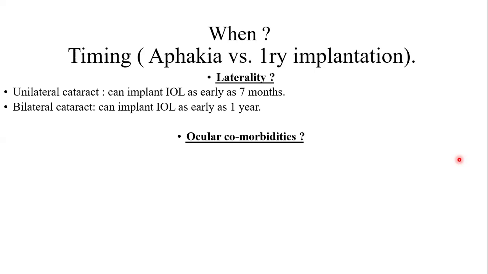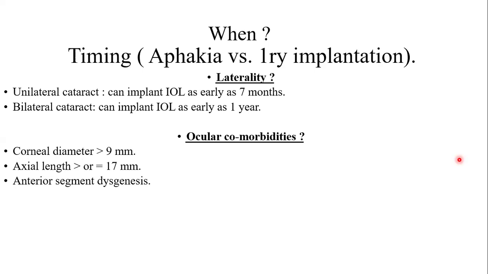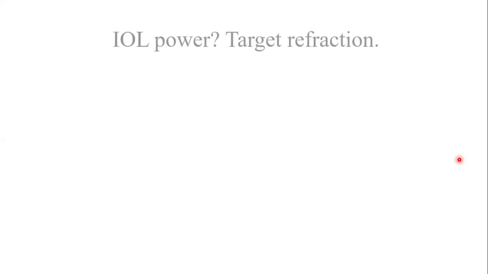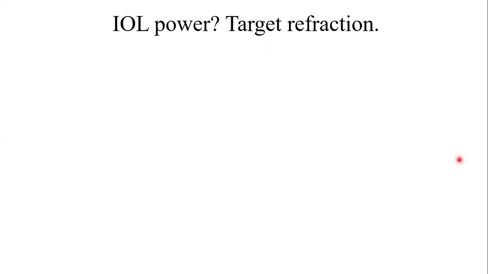If the cornea is 8 millimeters or less, you cannot implant. In some references, if the cornea is 9 millimeters or less, you cannot implant. Also, if the patient has anterior segment dysgenesis or pre-existing glaucoma, then you will be more skeptical to implant an IOL. Okay, so regarding the IOL power and the target refraction, can anyone help me with that?